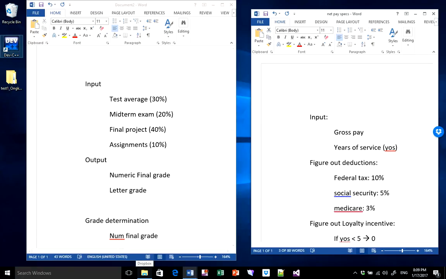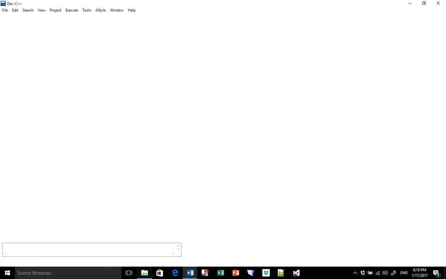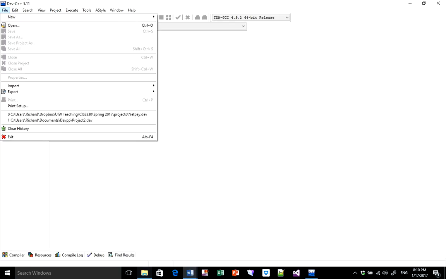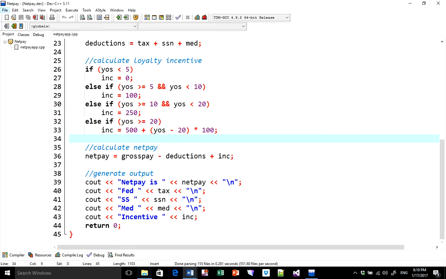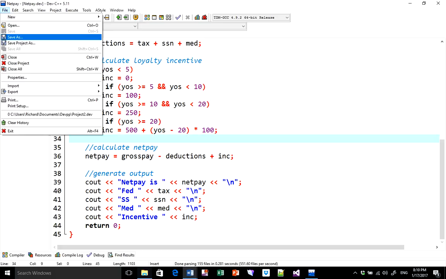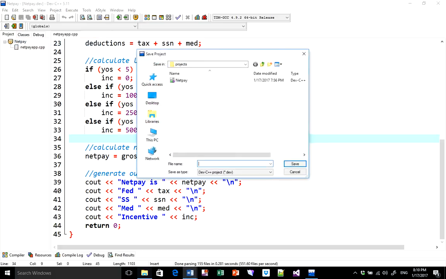So I'm just going to reuse the app from earlier. File, save project as. I'm going to call this one grade app.